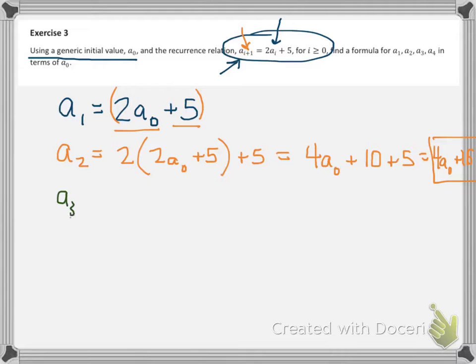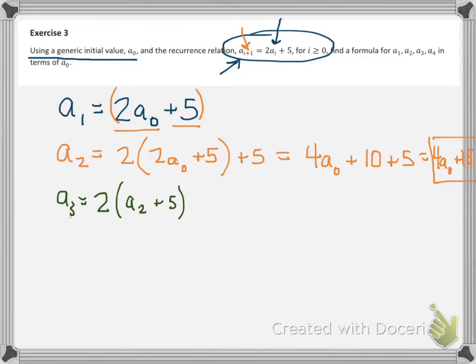A sub 3 is equal to 2 times a sub 2 plus 5.